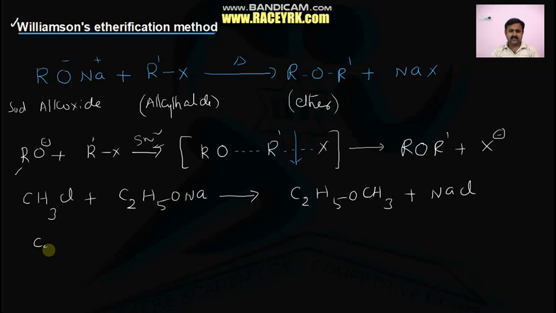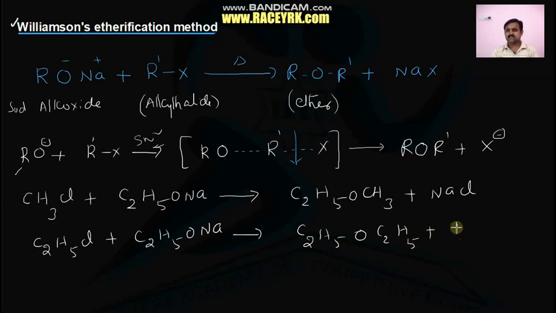Or suppose I have taken C2H5Cl with C2H5ONa, what will happen? I will get a symmetrical ether, diethyl ether, that is C2H5OC2H5 plus NaCl. In the same way, you can separate different kinds of alkyl halides from their halogen and attach the alkoxide ion to form ethers.